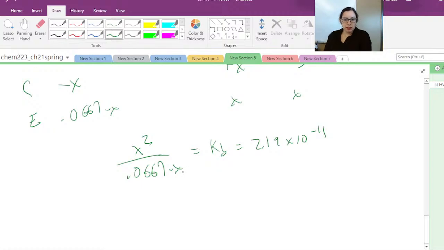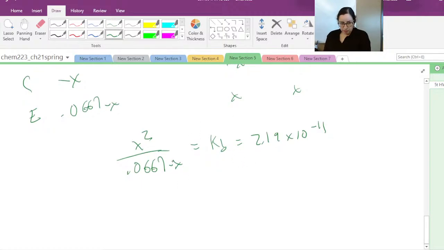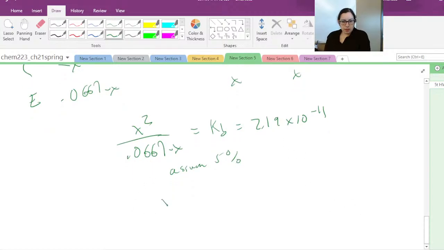And then I'll probably take a little liberty making our assumption. So assume 5% to give me x squared over 0.0667. And so now we can solve.